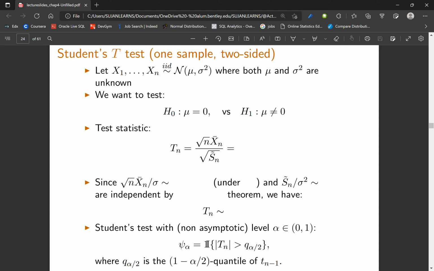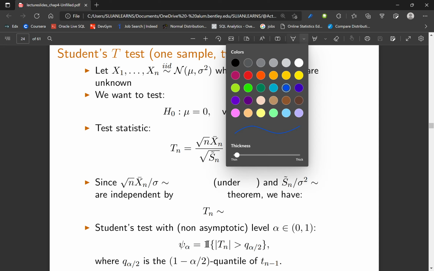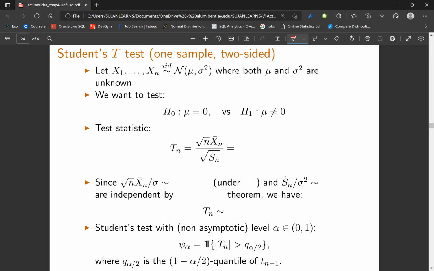The numerator will have sigma, and the denominator will have sigma square.